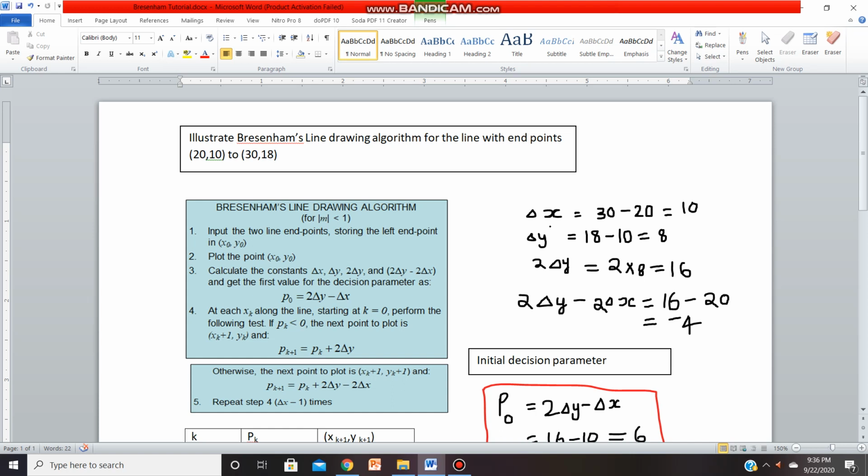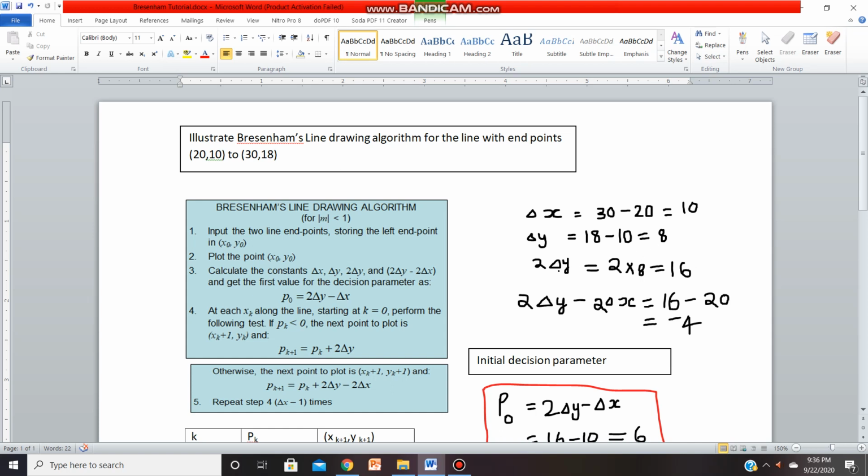So first we will calculate delta x. Delta x comes to be x2 minus x1. Here x2 is 30, x1 is 20, so it is 10. Then delta y is y2 minus y1, 18 minus 10, which will be 8.